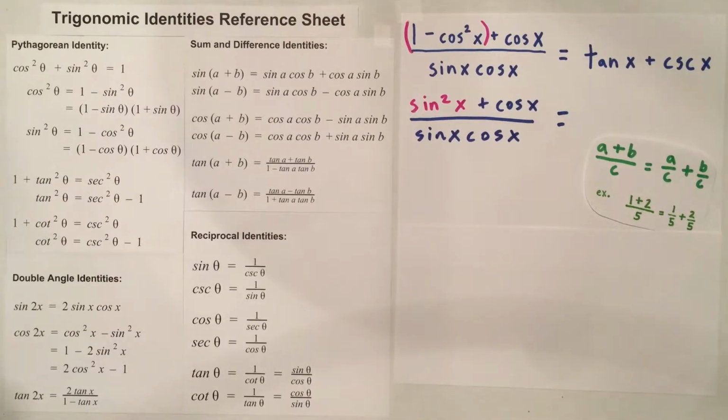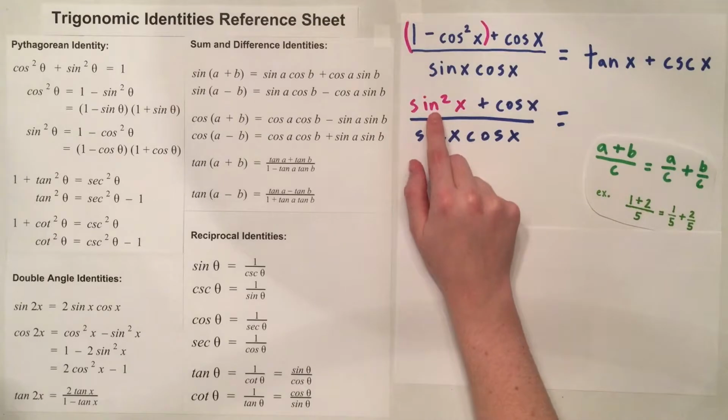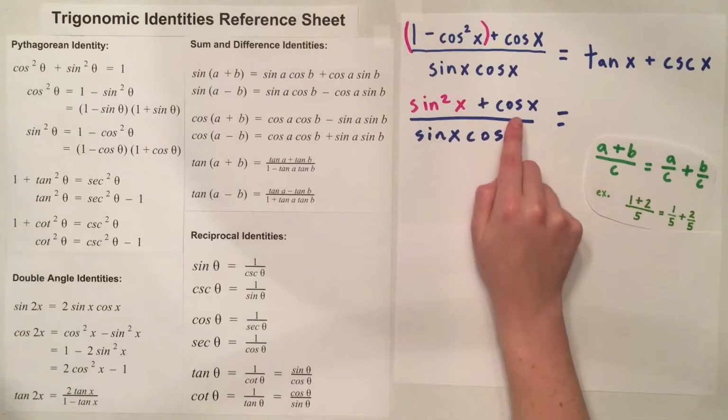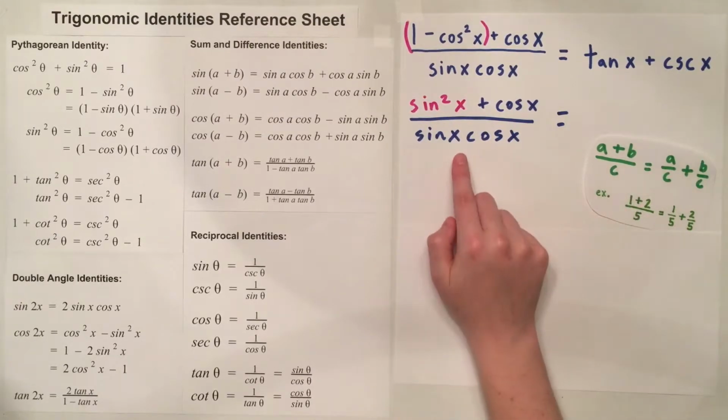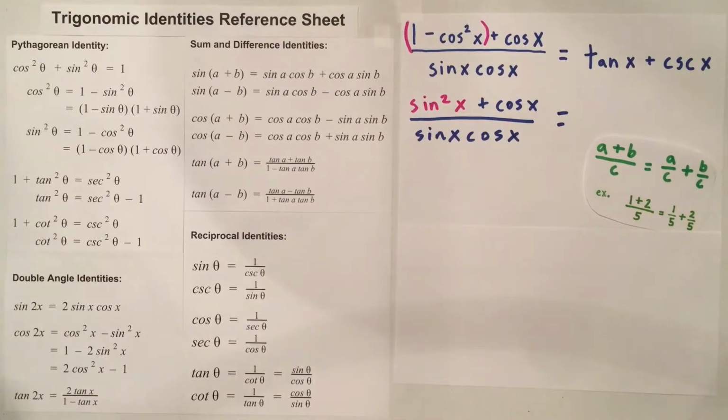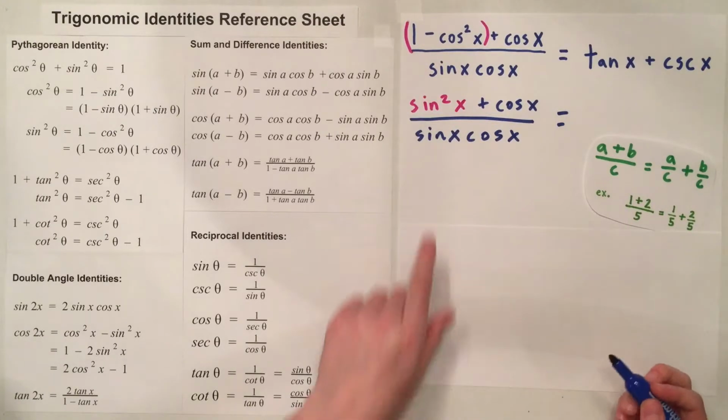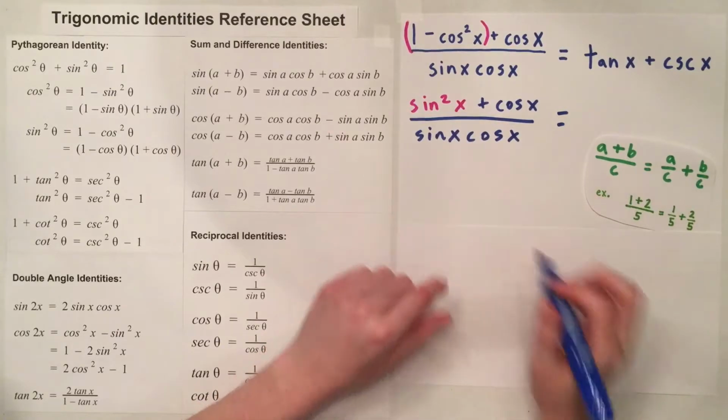So now, let's write our equation separated out like this. Sine squared x will be a, cosine x will be b, and sine x cosine x will be c. So now, let's write our equation like this.